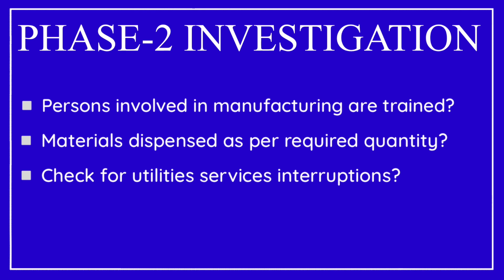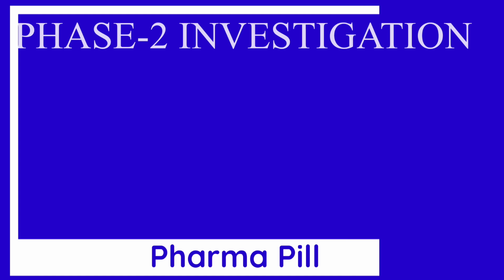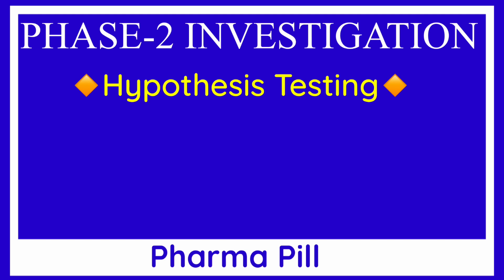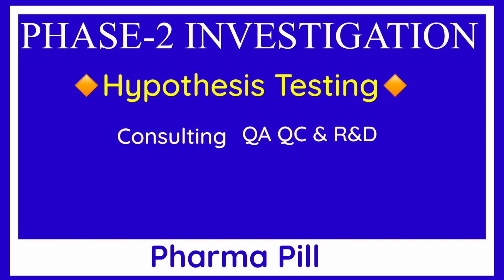Now the question arises, what to do if we still didn't get any root cause from the phase 2 investigation? If we didn't get any root cause from the above phase 2 investigation, then further hypothesis testing shall be done along with the consultation from the other departments like QA, QC and R&D if required.